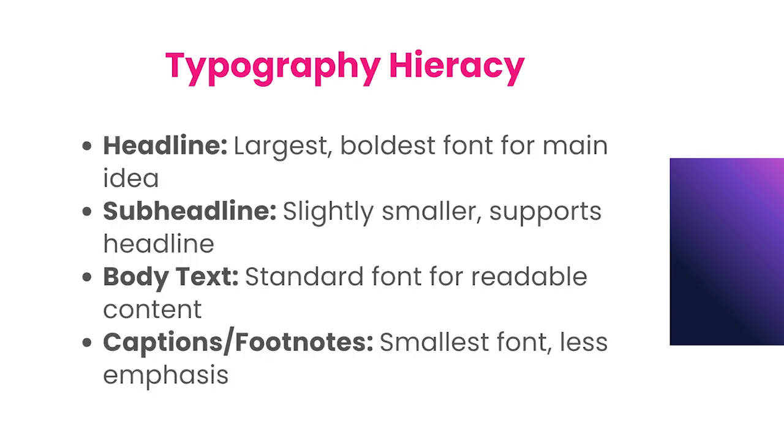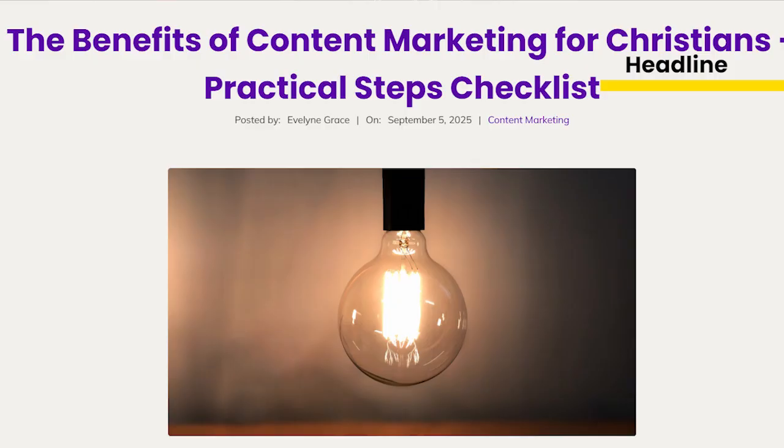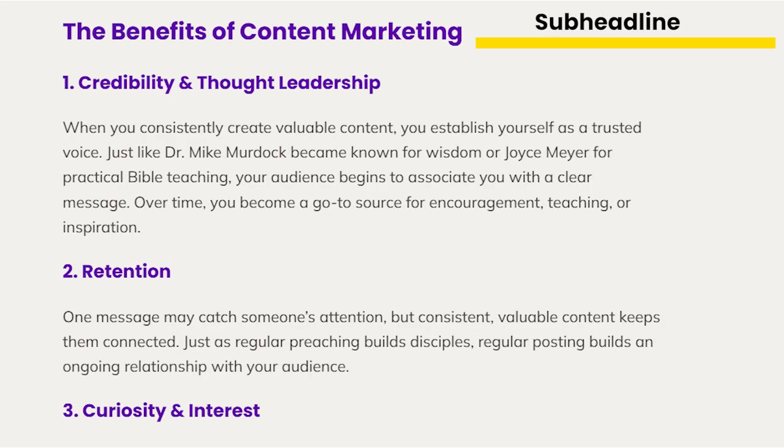So what is a typography hierarchy? The typography hierarchy guides the reader's eye and emphasizes key points. For example, the headline, which is the largest or boldest font for the main idea. And then we have the sub-headline, which is slightly smaller and supports the headline. So the headline is big, then the sub-headline comes next below it, then the body text.